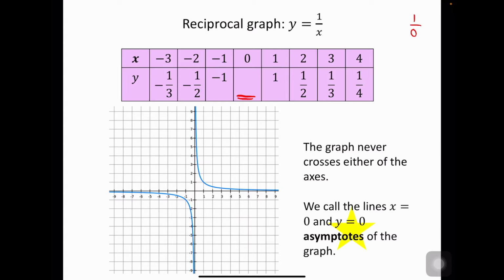If you type in 1 divided by 0 into a calculator, an error will come up because it doesn't exist. So what that means is the whole line of x equals 0, this dotted line here, is an asymptote.